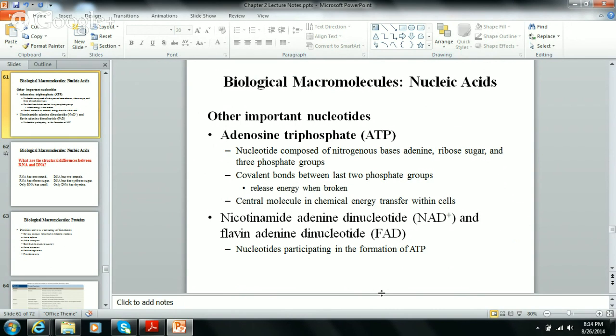And that third P is what makes ATP important, because by attaching that third phosphate to the molecule, we trap energy within that bond. So when you snap that third P off, the energy is released and the cell can use that energy to do different things.